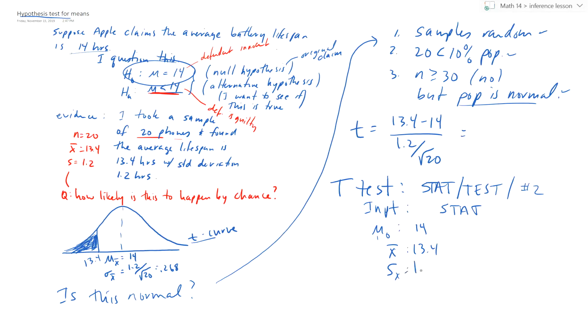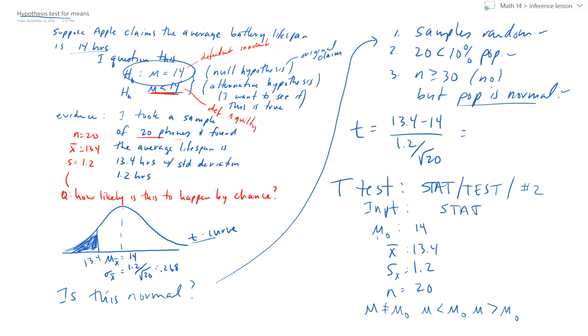Sx is the standard deviation of my sample. So I'm putting these in my calculator. And n is the sample size, which is 20. And then the next one, it says mu, and there's a not equal to mu 0, a mu less than mu 0, or a mu greater than mu 0.